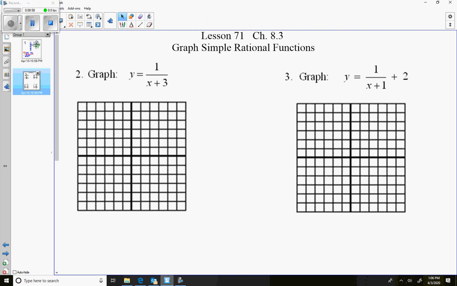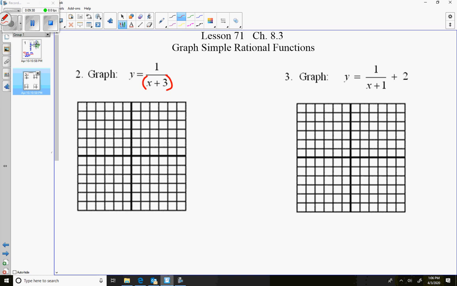Well, is the plus 3 grouped with the x? While there are not any parentheses, because the x plus 3 is all in the denominator, the parentheses are implied, understood.